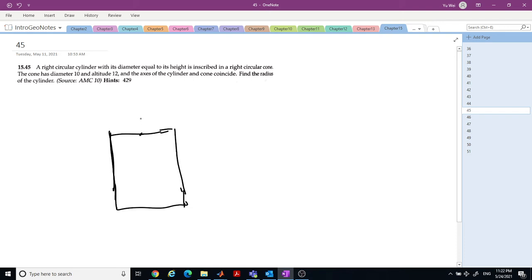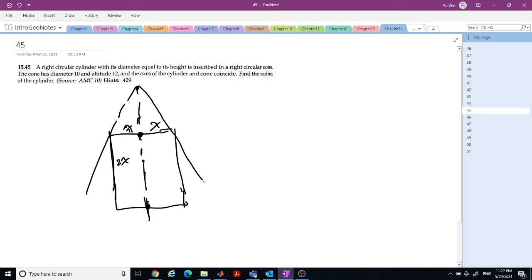The cutting surface is a rectangle. This is the center of the cylinder with the diameter equal to its height. So the diameter is 2x, and the height is also 2x. Then the cylinder is inscribed in the cone. So here is the cone.